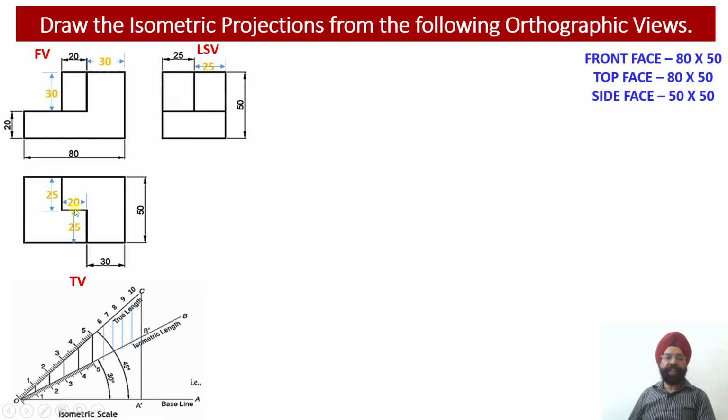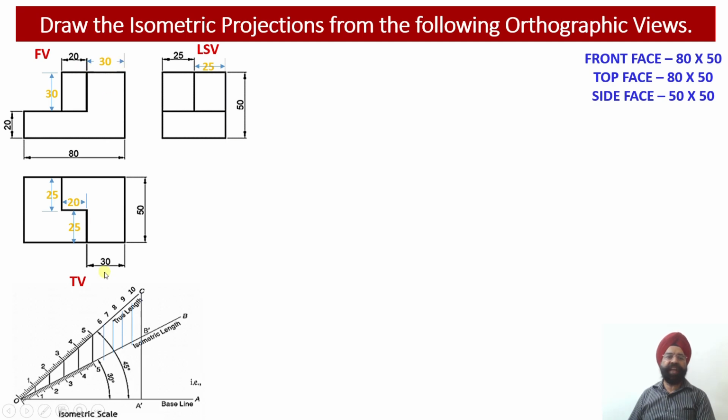If I move 20 millimeter further towards the left corner, then again 25 by 30 millimeter will give me the shape of this particular rectangle. So this rectangle, please check, is lying ahead. It is at a distance of 50 millimeter from the right corner. This is my right corner. From the right corner, this distance will be 50. Why? Because this is 20 and this is 30. So 20 plus 30 gives me 50.